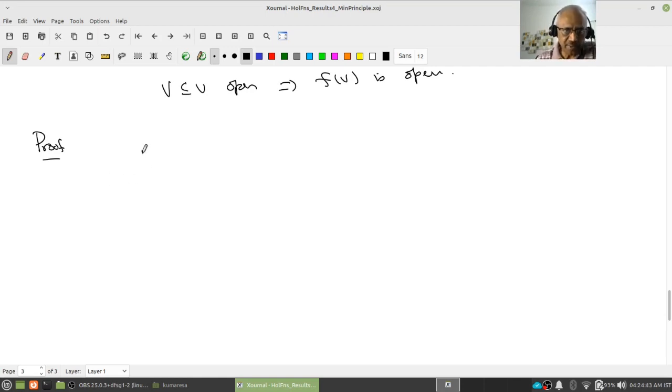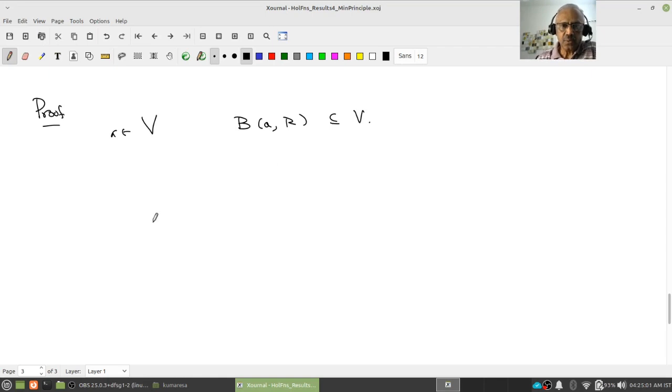Let V be open. Fix an a here. Therefore there is an R such that B(a, R) is contained in V. Now let's look at B(a, r), with 0 less than r less than capital R. Now I have to say this: f of B(a, r) contains f of a.